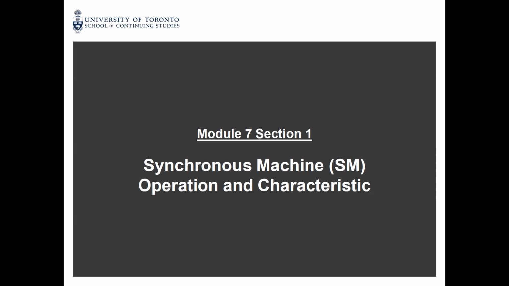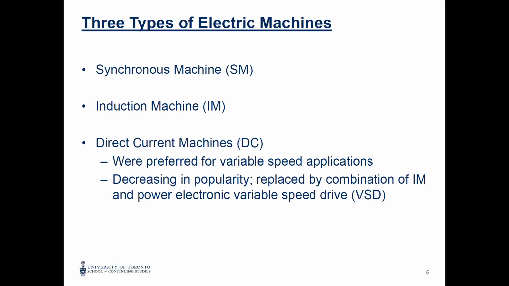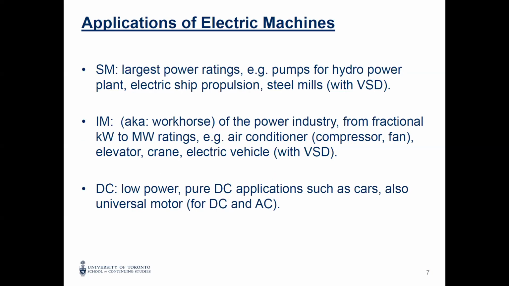Let's start without any delay with the synchronous machines, as we discussed before. We will have a couple of slides like this in each module, especially for the rotating machines. The importance of this slide is to show the difference in applications for each machine.